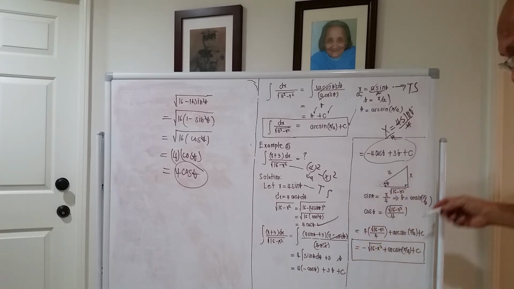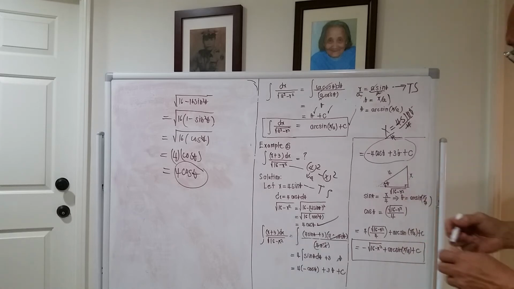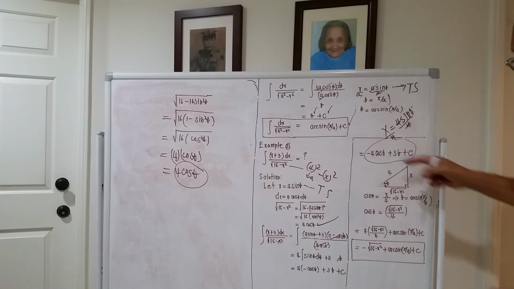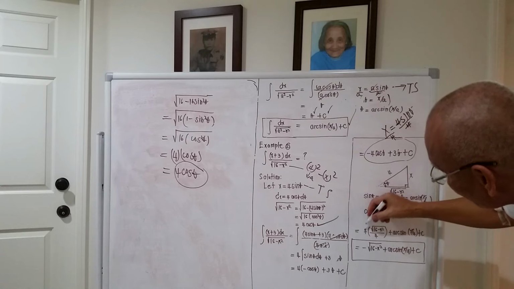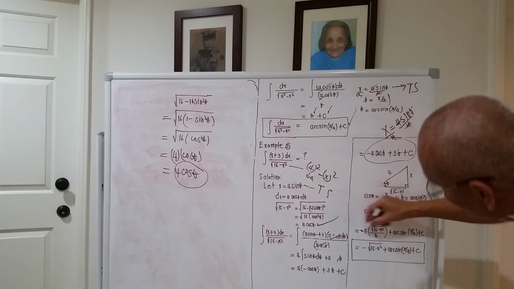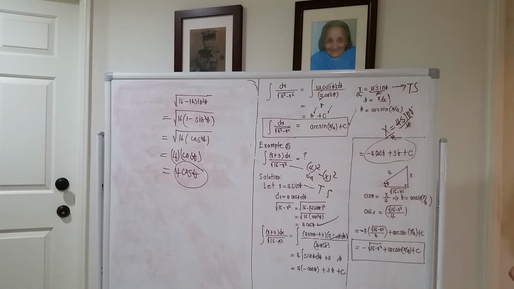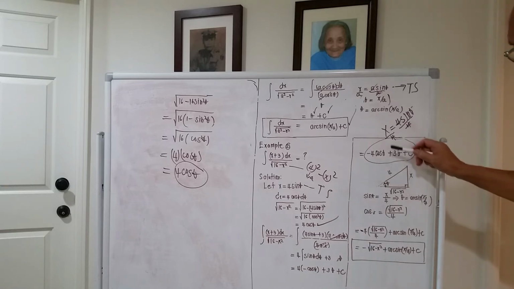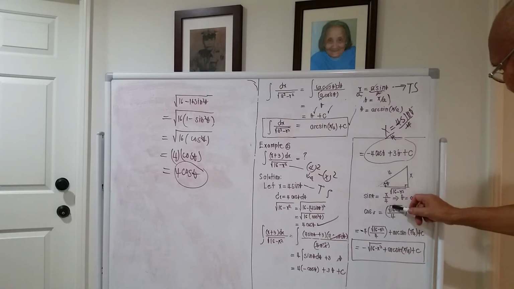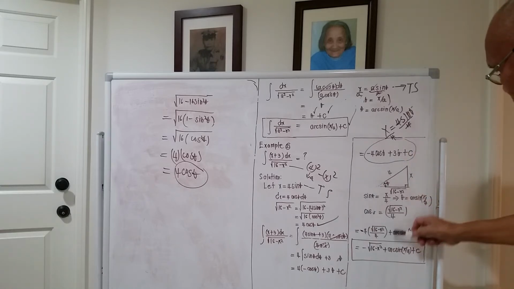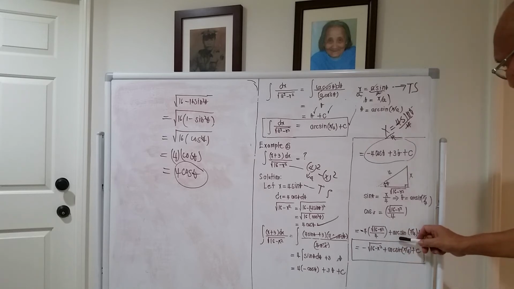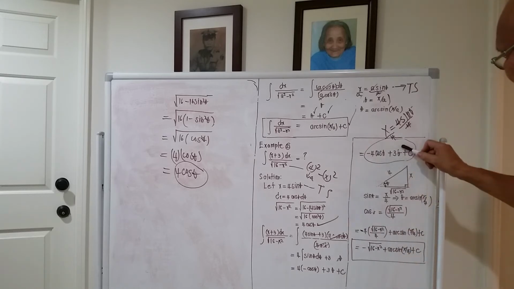To bring back the final answer in terms of x, this should now be equal to negative 4 times the value of cosine of theta, but cosine of theta is the square root of 16 minus x squared over 4. Plus theta.